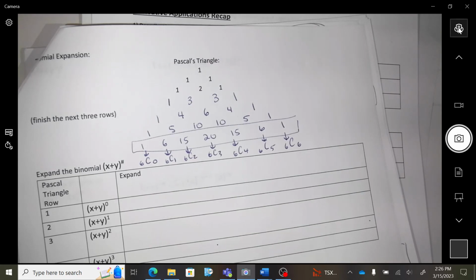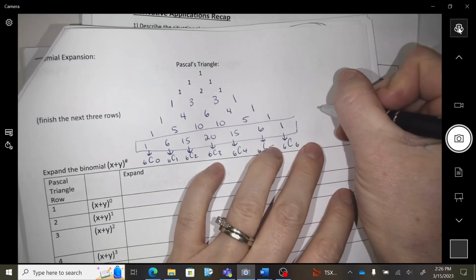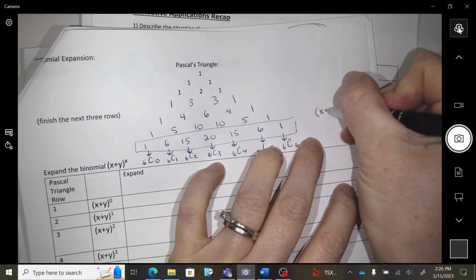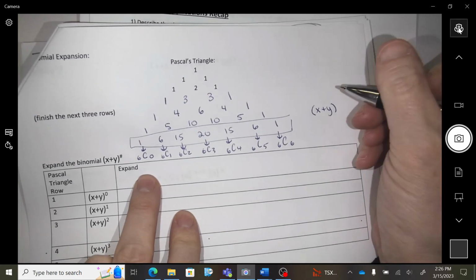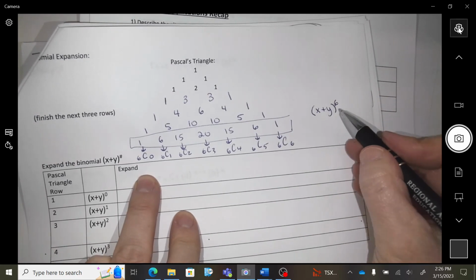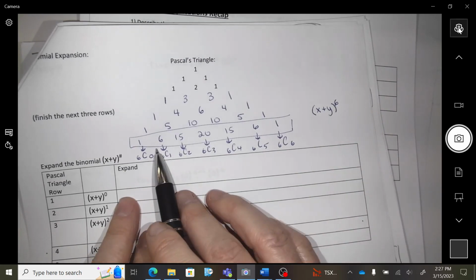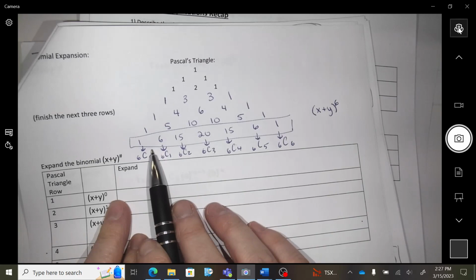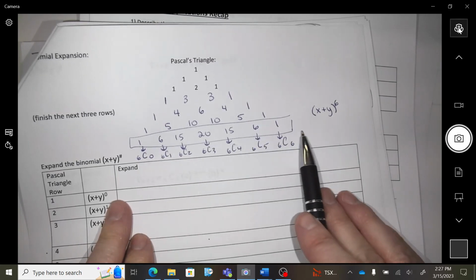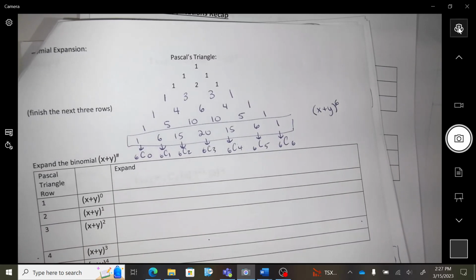Okay, so what does this all have to do with anything? What we're going to learn is that when you have a binomial, if it is to the 6th degree, the coefficients will connect to all these numbers. Okay, you ready?